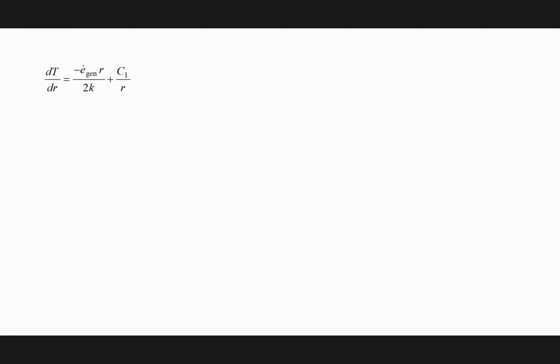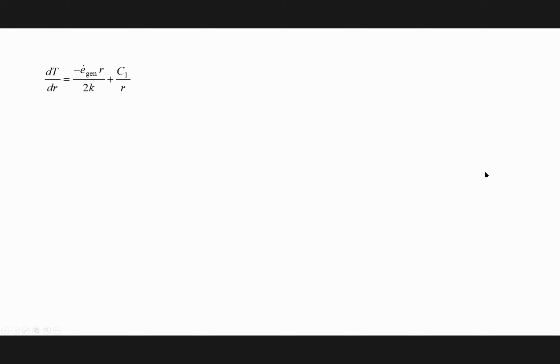Now the question here is why dT over dr is equal to 0. The temperature is 60, but the dT over dr is not 0. It makes me think that when I see dT over dr, it's a difference in temperature over a difference in radius.